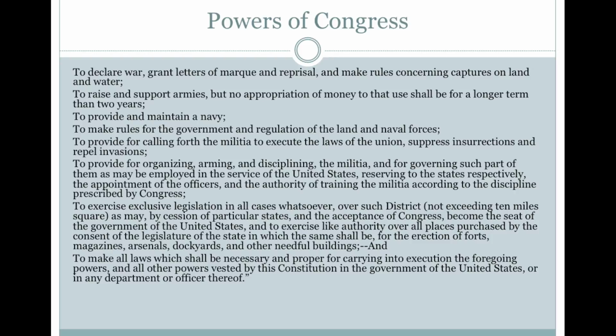He was a Federalist, and the Anti-Federalists opposed that because they said that it was not spelled out in the Constitution. So the Federalists, based on the elastic clause, argued a loose interpretation of the Constitution, while the Anti-Federalists argued a strict interpretation of the Constitution. And in the end, we did wind up having a national bank.